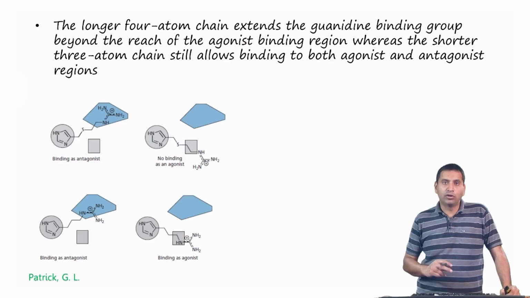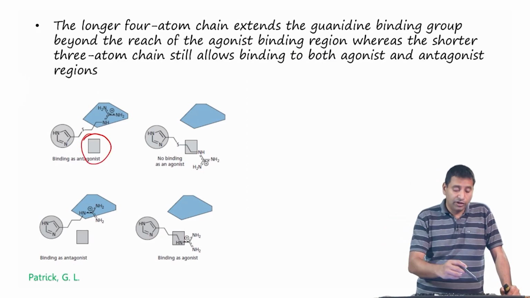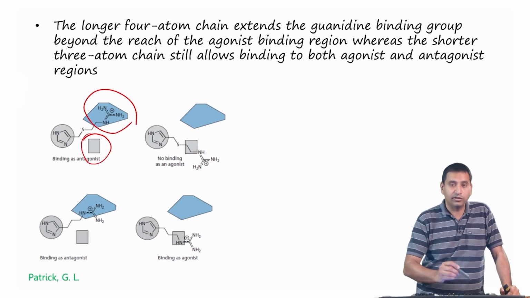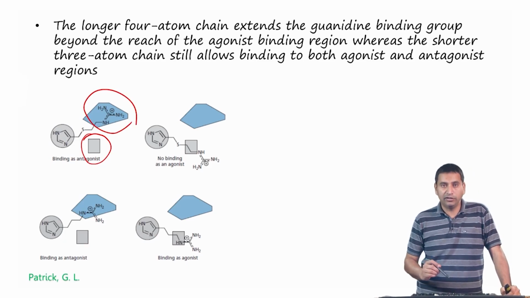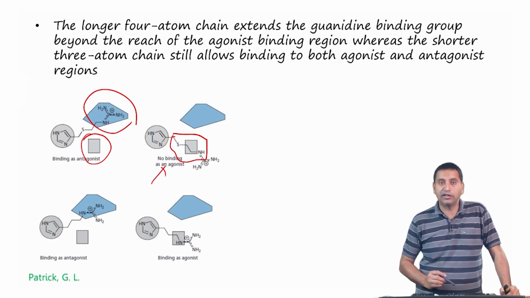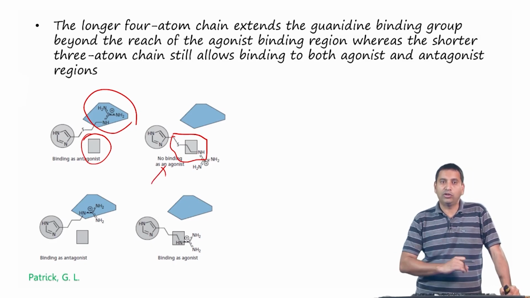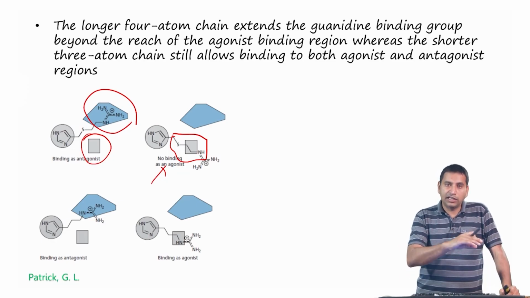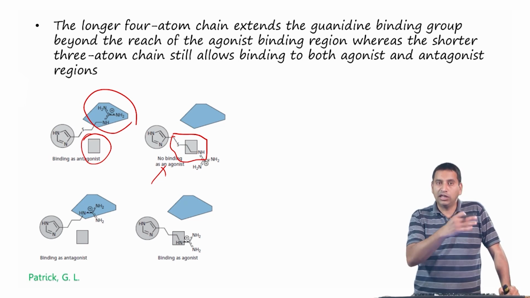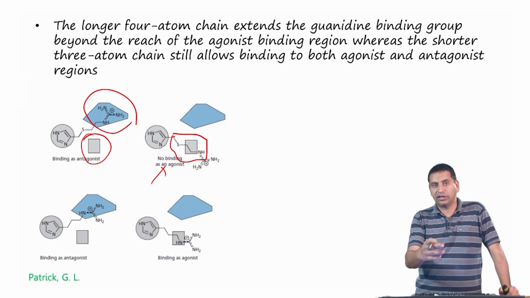A longer 4 atom chain also extends the guanine binding region. Here is how it binds as the antagonist, that means it binds to the antagonist binding region, whereas since it has a longer chain, it does not effectively bind as an agonist. So, this molecule can act selectively as an antagonist because of the length of the side chain that is present.